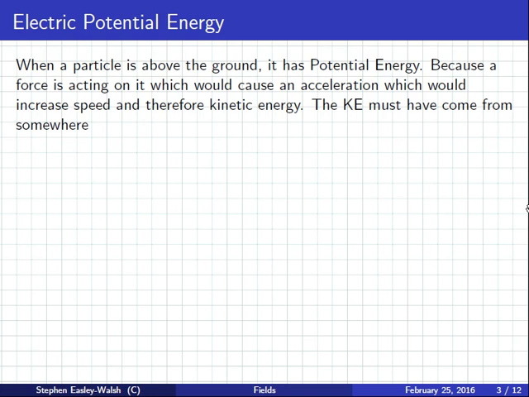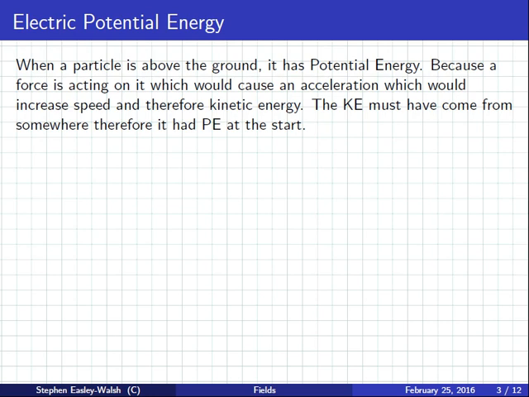The kinetic energy must have come from somewhere. So if I have this here, right now, what's its kinetic energy? 0. And then here, it's not 0. So there must have been potential energy at the start to become kinetic energy later.